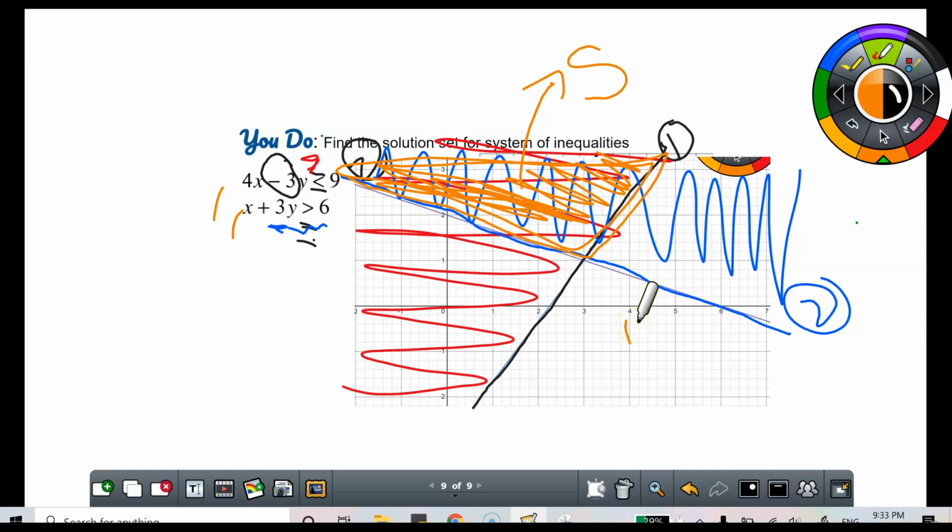Okay? So that's it about the inequalities. So draw the two inequalities, shade the inequality symbols for each of them, and the overlapping shaded area is your solution set. It means if you pick whatever point on this solution set and plug it back into both of the inequalities, it will make both of the inequalities true. Okay.